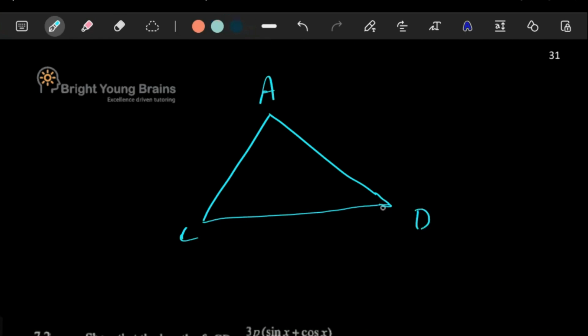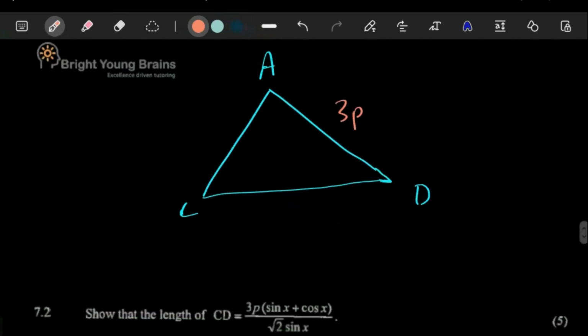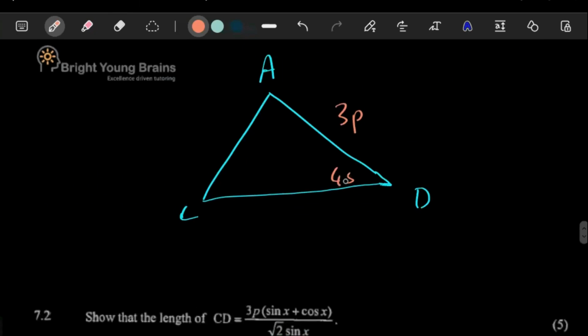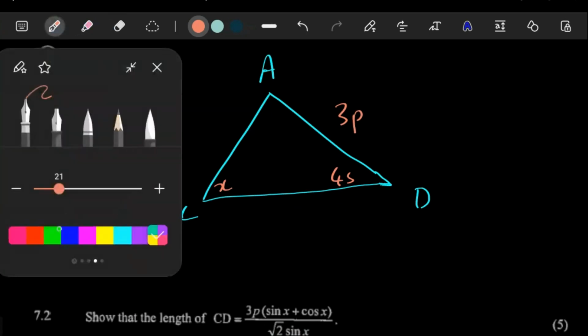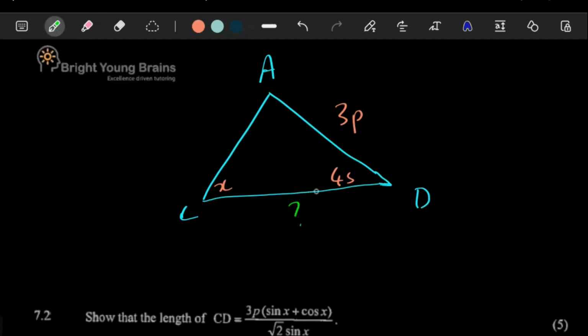And then here AD we got it as 3P. This angle here is 45. This angle here is X. And then what else? We don't have anything else. But since they're looking for CD, fortunately what we do know is this angle here is 180 minus these two combined.